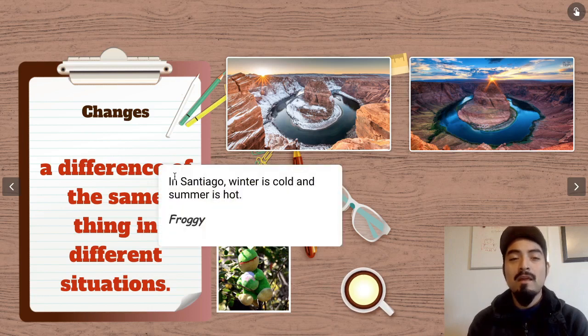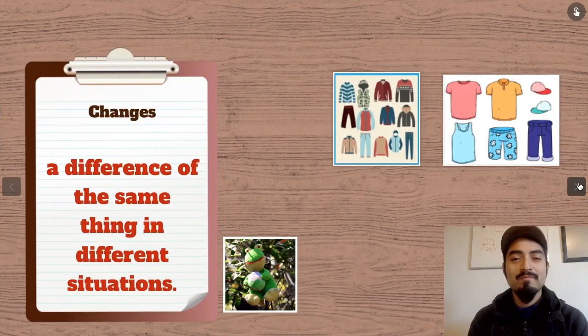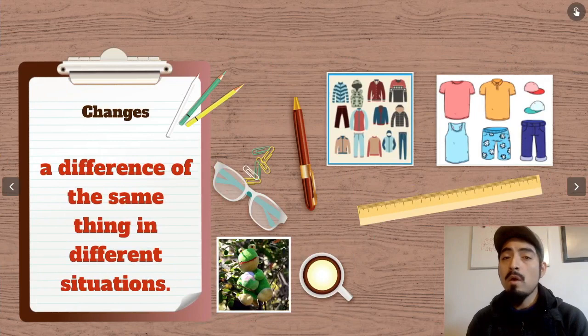Froggy says, in Santiago, winter is cold and summer is hot. The temperature is a big change between the summer and the winter. Thank you, Froggy. What about the clothes? In winter, everything you have to wear is warm.